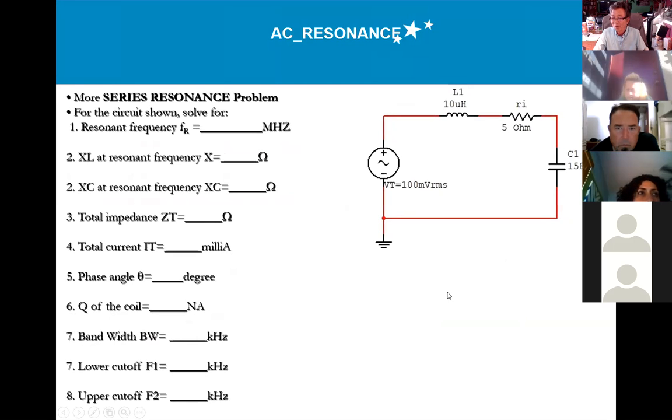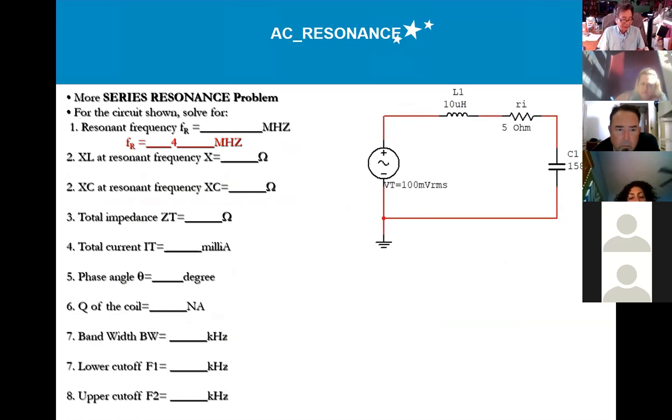Let's see if I get the answer or not. For your calculation, have we already done that or not? If we're not done, I calculate the resonance for you and you do the rest for me.